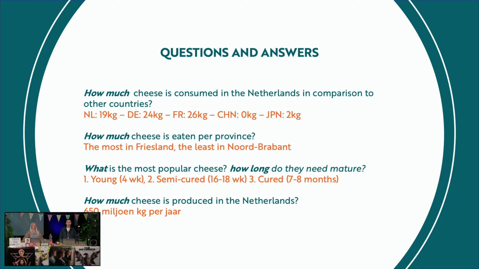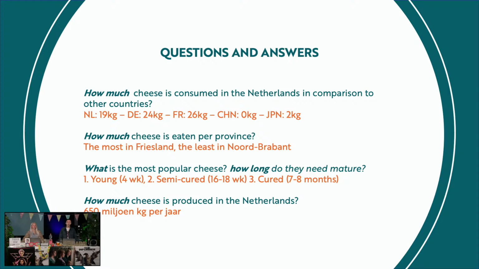A typical Dutch person eats around 19 kilos a year, but the French are the bosses here. They eat 26 kilos, and the Chinese don't eat any cheese at all, which is quite funny. Then, how much cheese is eaten per province?